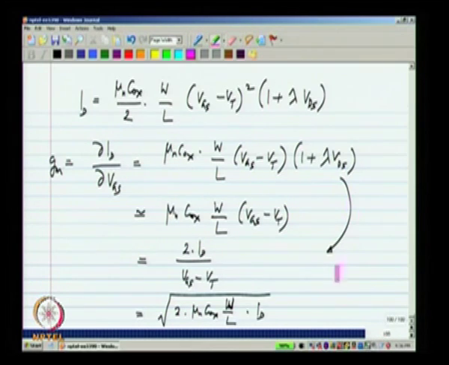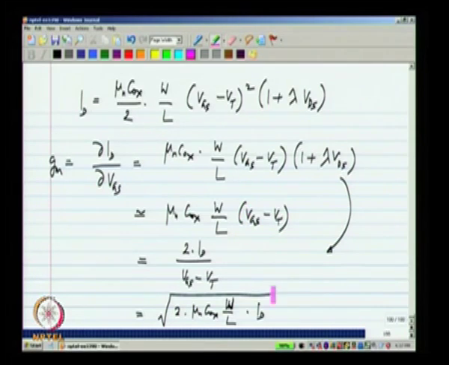So, these are all just rearrangements of the same expression, and in here and here we have replaced 1 plus λVDS by just 1 for simplicity, and this is the kind of thing that you have to do for hand calculations. There is no point including all kinds of small details when the model itself is inaccurate. When you want really accurate answers, you go to a simulator, but it is very important to do hand calculations, because you know which way the circuit has to be modified when it does not give you the result that you want. Okay.